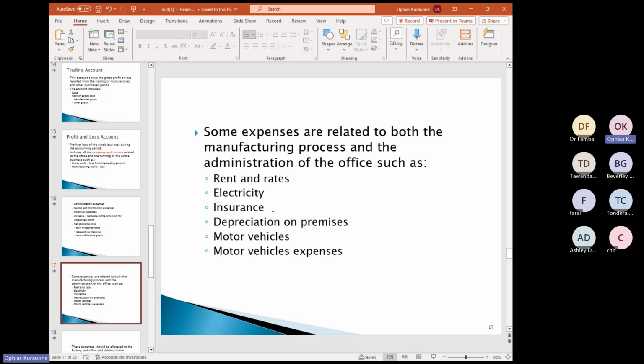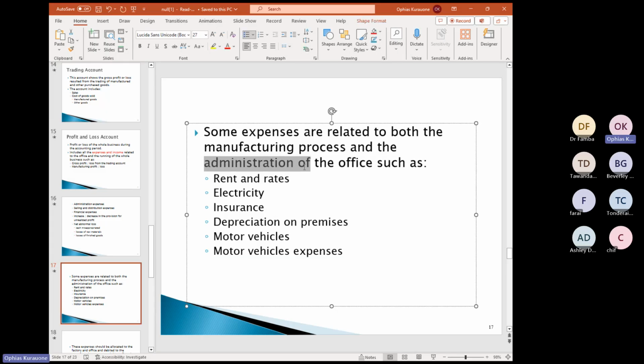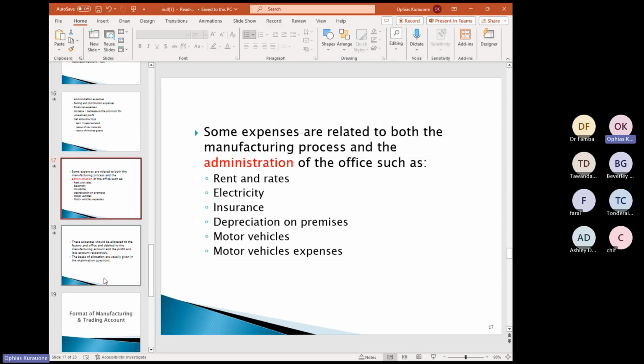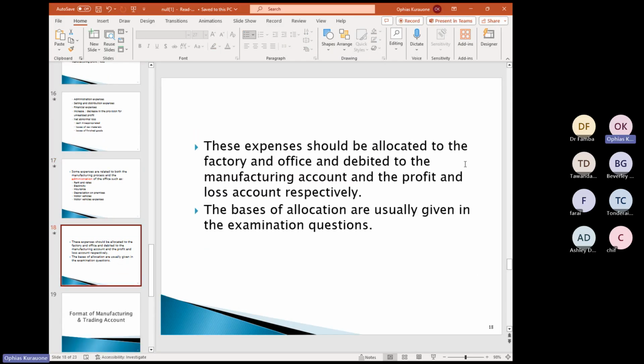Expenses such as rent and rates are classified under administration, such as administration of the office. So we need to understand those critical words. Then these expenses are allocated to the factory and offices, and debited to the manufacturing account and the profit and loss account respectively.